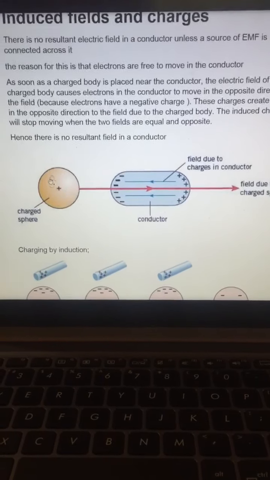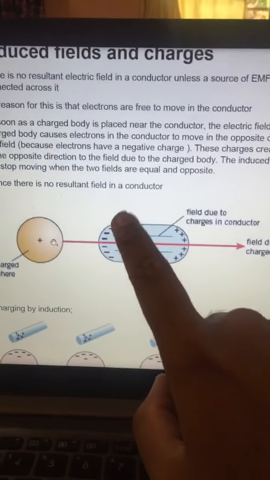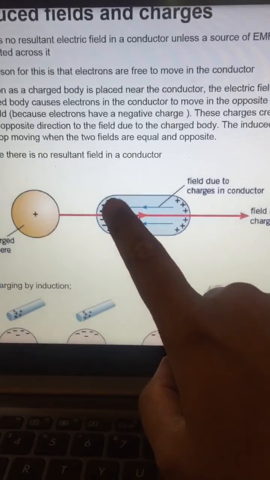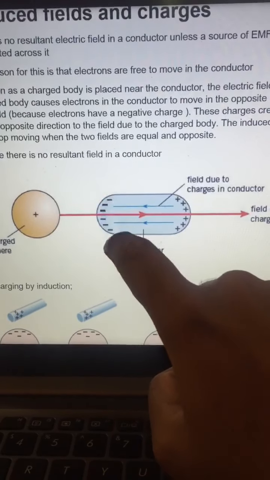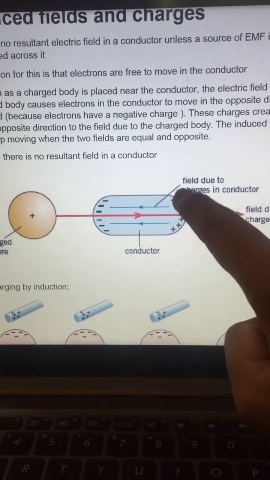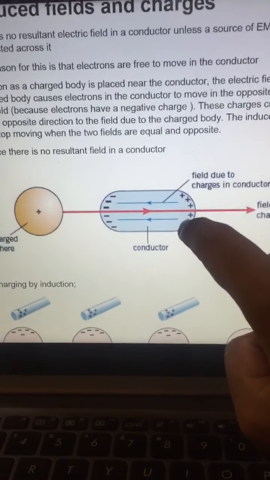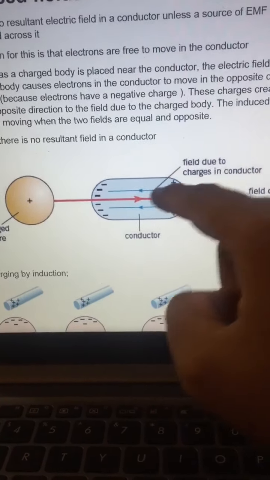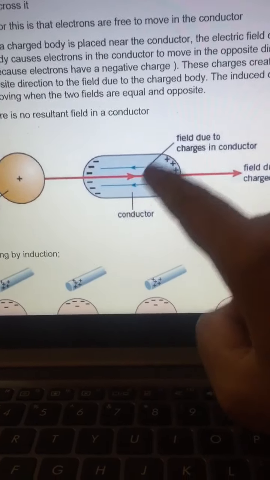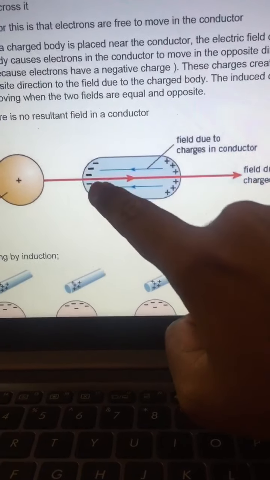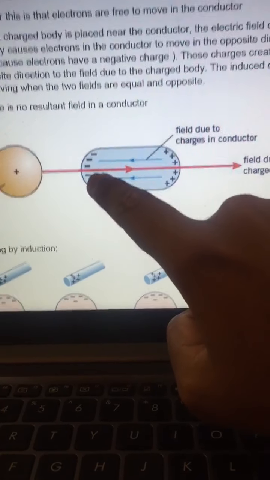But when you bring a positive charge, the negative charges experience a force in this direction due to the field, and they accumulate here, and the positive charges are situated here. Now inside the conductor, another field, the blue field, is formed from the positive charges to the negative charges, right?